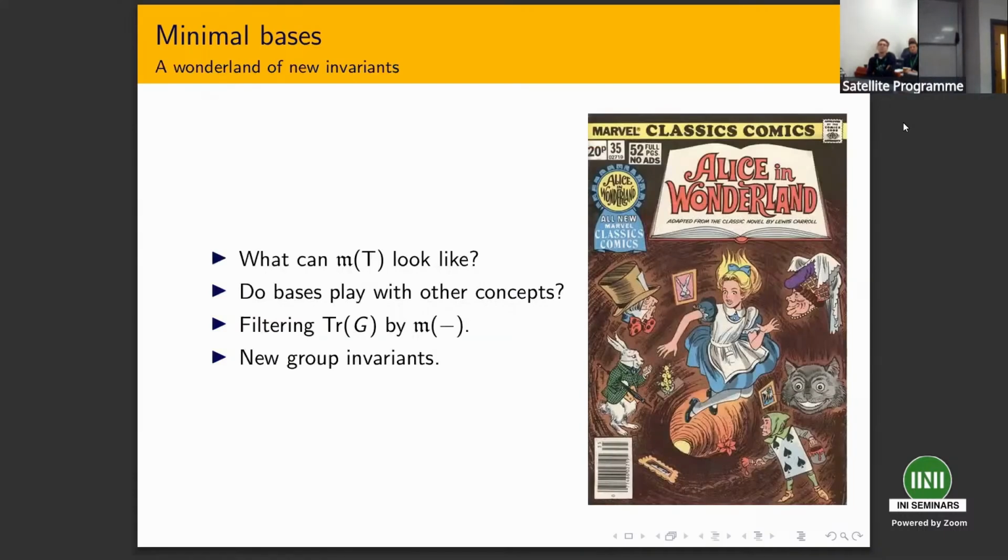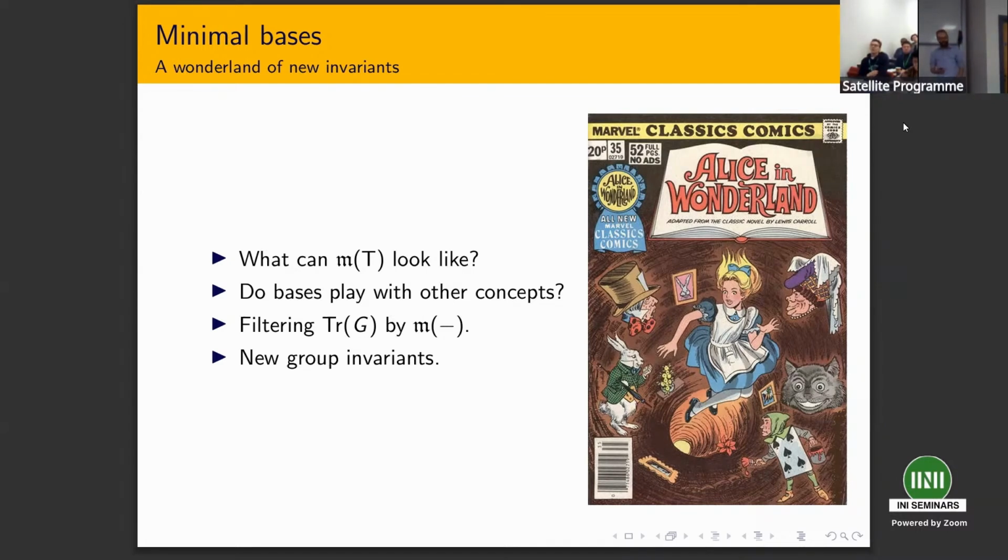So what do I actually want to talk about? What can this maximally sized minimal basis look like? Does it play with other concepts? I'm not going to talk about this today, but what do I mean by this? We've had a few talks already this week, model structures from transfer systems, compatible pairs from transfer systems. I expect we're going to see a few more things in the week. But can I just check things on basis elements?